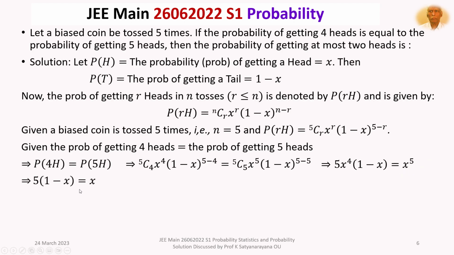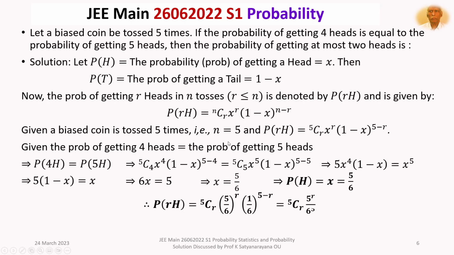Cancelling x to the power of 4 on both sides, we get 5 into 1 minus x is equal to x. From this we get 6x is equal to 5, and x is equal to 5 by 6. Therefore, the probability of getting a head is x, which is 5 by 6.